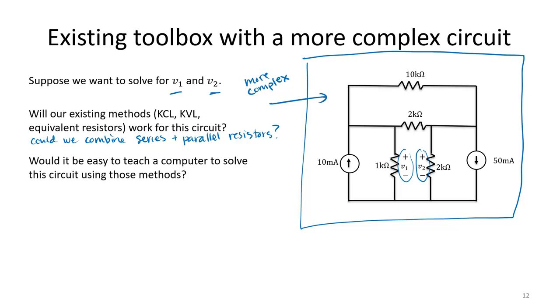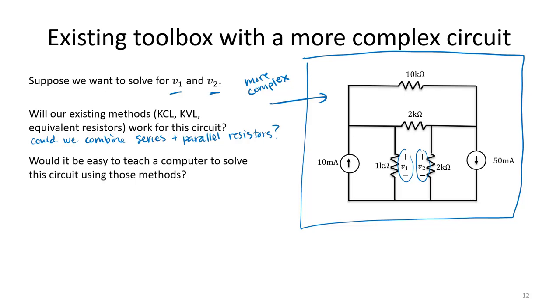Second question, would it be easy to teach a computer to solve this circuit? Not so straightforward, right? The computer wouldn't necessarily be able to easily recognize how to combine resistors and simplify.